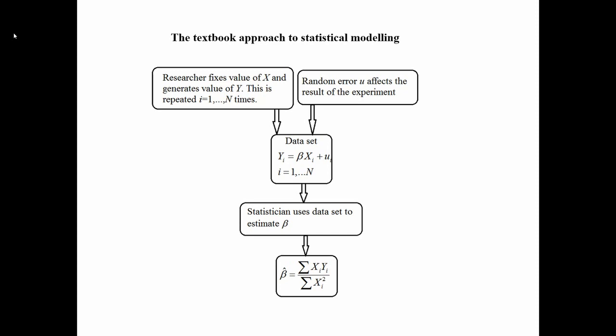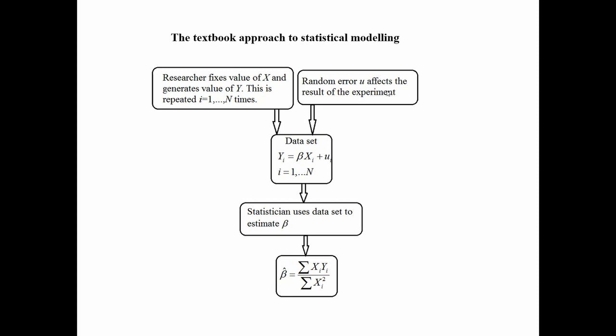Every time we repeat it, the result of the experiment is affected by random errors or unforeseeable events. By doing this sequence of experiments, we generate a data set, and the data set allows us to investigate the relationship between the input variable x and the output variable y, using a relationship of the form y equals beta x plus a random error term u.